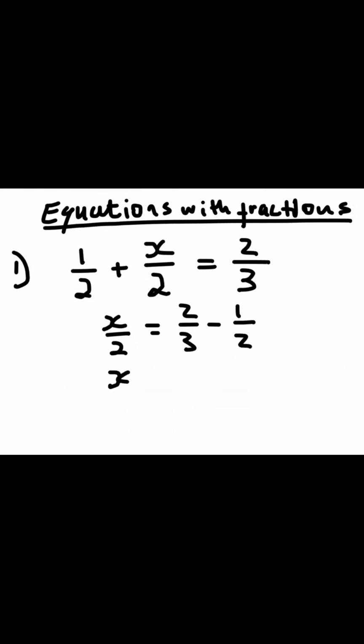So that means you have your x over 2 being equal to 2 over 3 on your calculator minus 1 over 2. What do you get? So you end up getting negative 34 over 3.